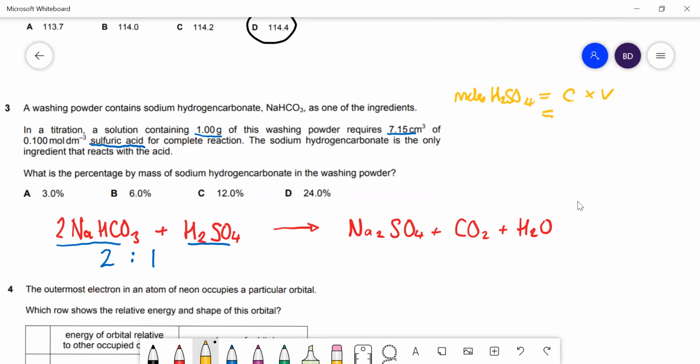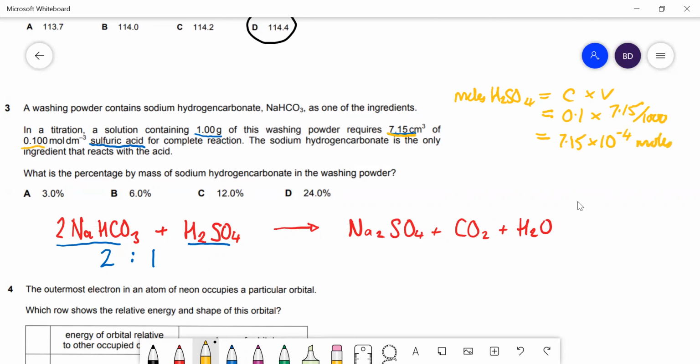Our concentration of sulfuric acid is 0.1. The volume is 7.15 centimeters cubed, so that's over 1,000. That works out to be 7.15 times 10 to the minus 4 moles.